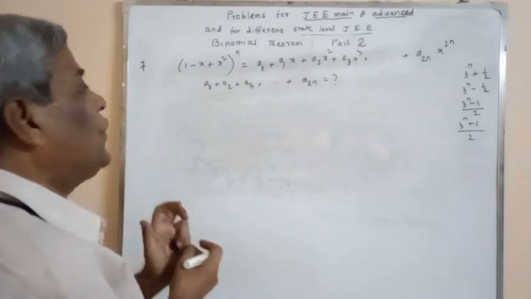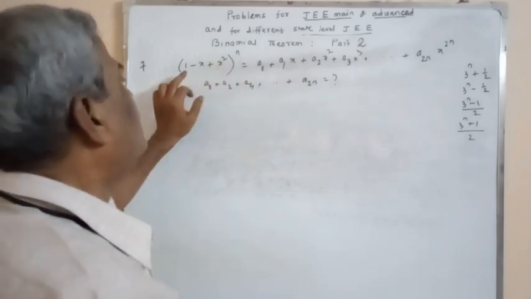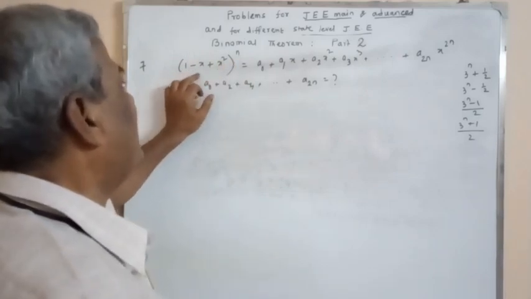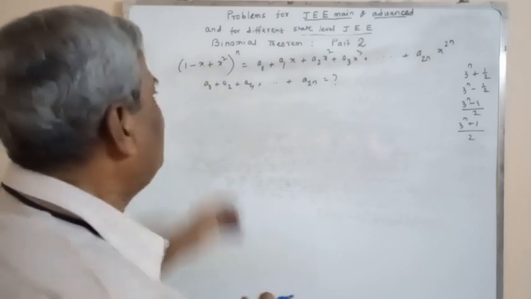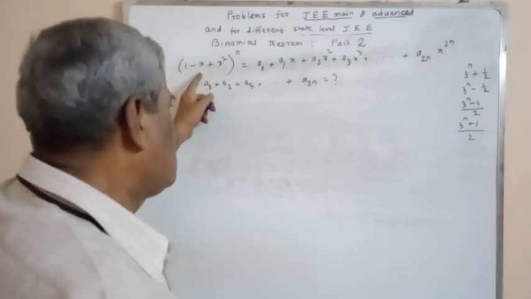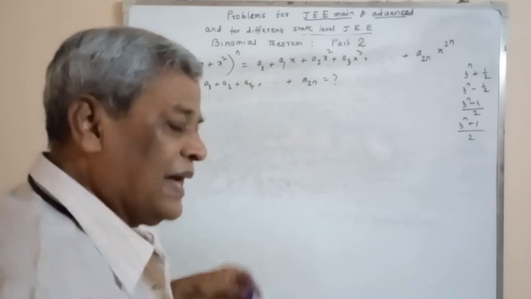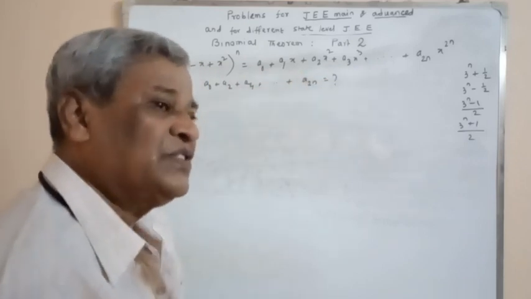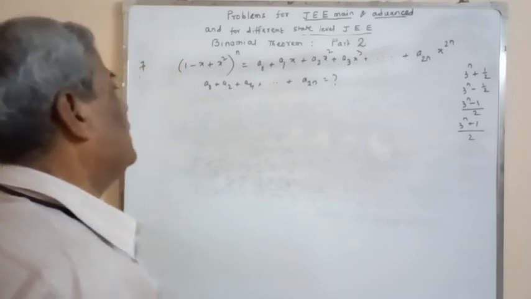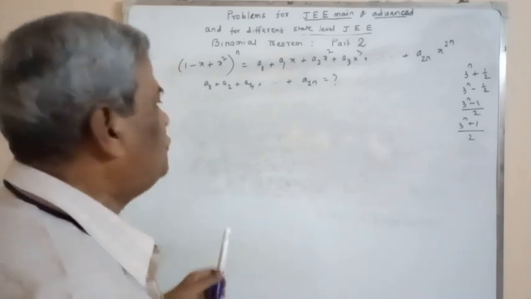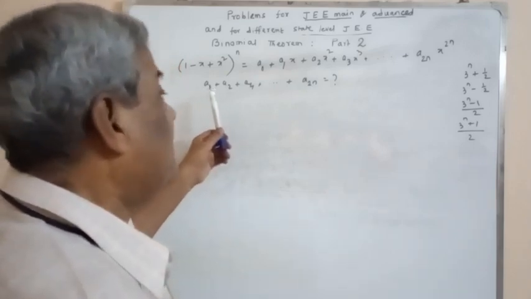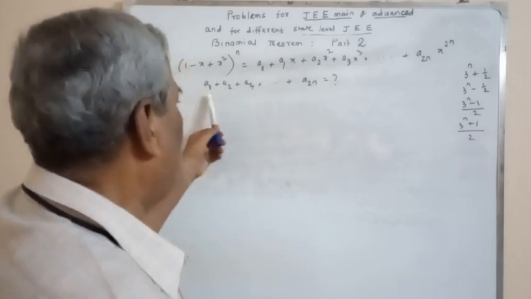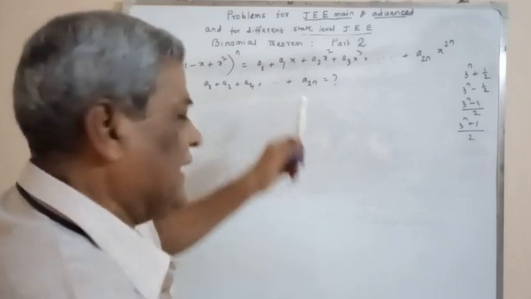Actually, this is not a binomial because 3 terms are there, it is a trinomial. But given that when expanded in ascending power of x, it is equal to that. The expansion is given. So in that case, we have to find the value of the even coefficients a0, a2, a4, their sum.